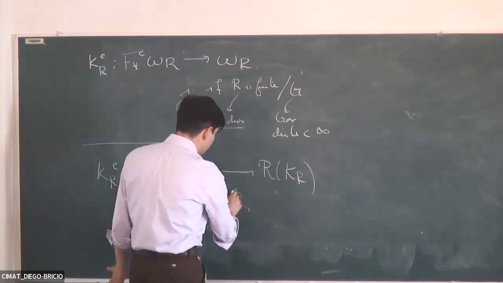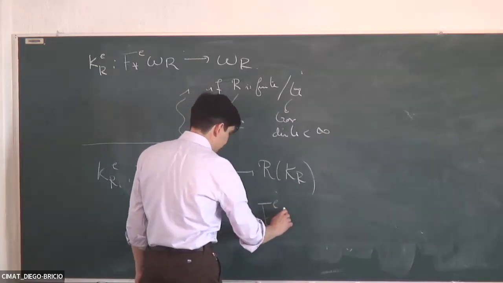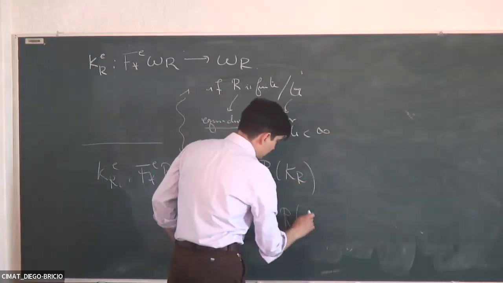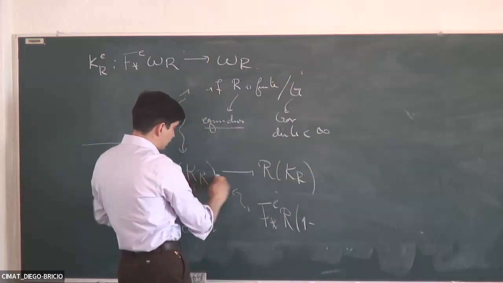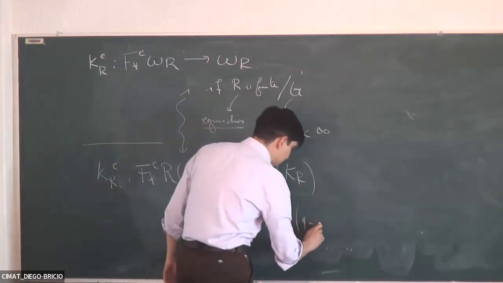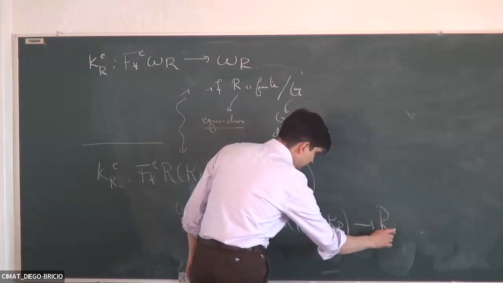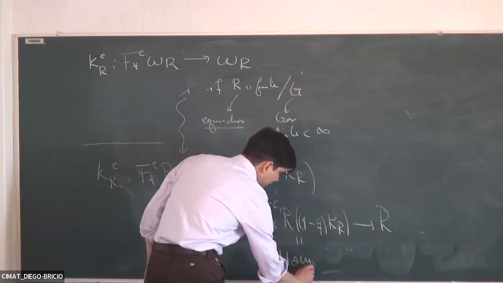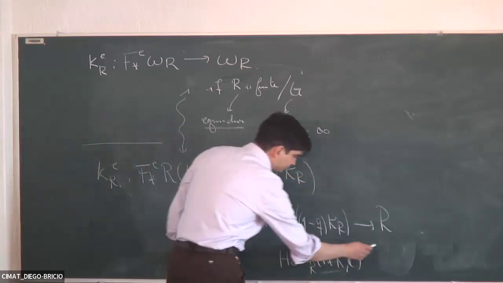For example, we will see that this map is essentially equivalent to the following. I can take this part and move it to the other side. I can restrict what the codomain is by, sorry, by restricting what the domain is. There is a formal process to do that. And for example, we'll see that this will be isomorphic to this, thanks to all this.